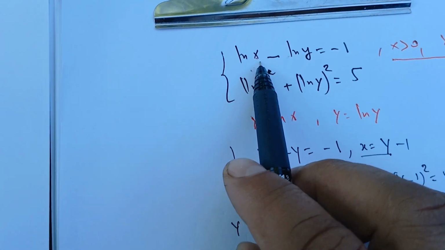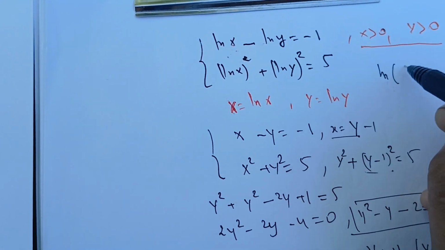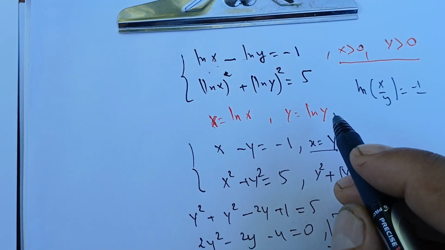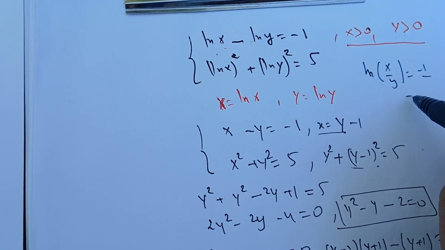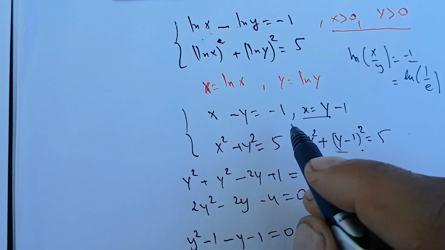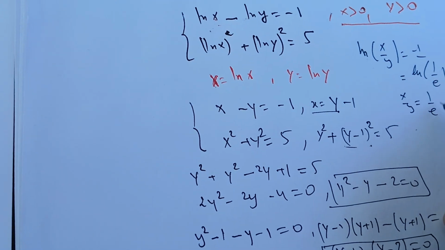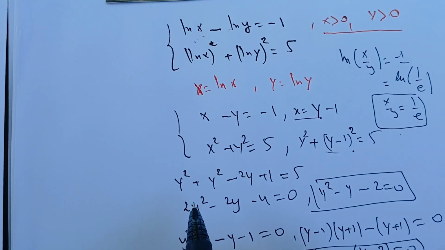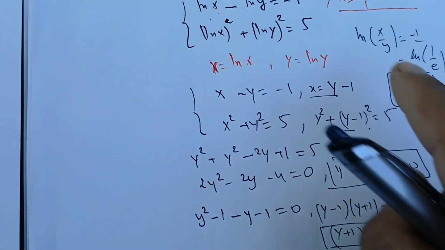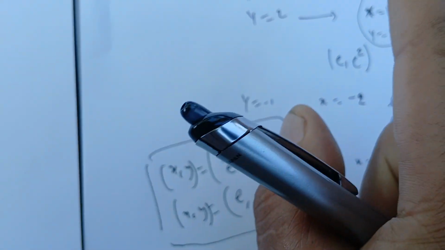You can say the natural log of x over y is negative 1, and that's the natural log of 1 over e, and you take x over y is 1 over e. And you start solving. But sometimes when you do this technique, you don't get two solutions, you miss one solution.